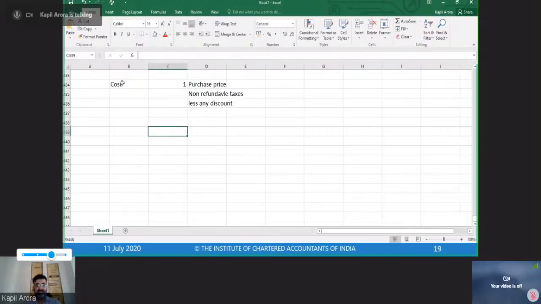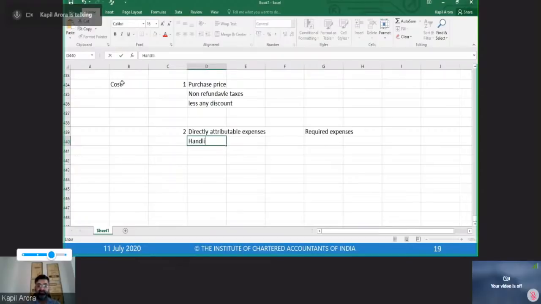The second item is directly attributable expenses, which we can also call required expenses. Those are expenses which are there just because you are having that asset. If you don't have that asset, those expenses will not be there. For example, handling cost or freight.